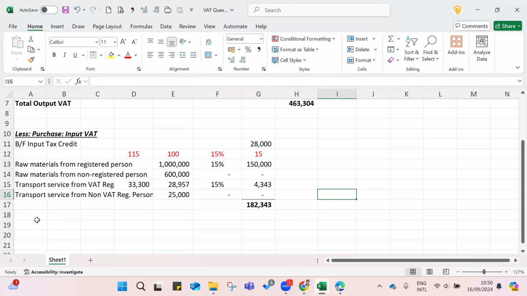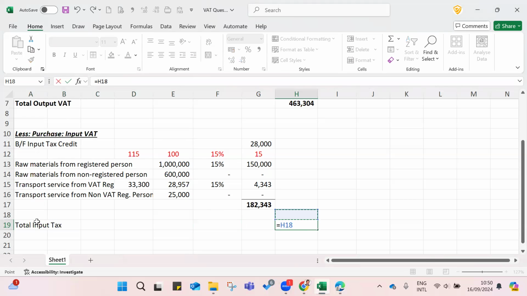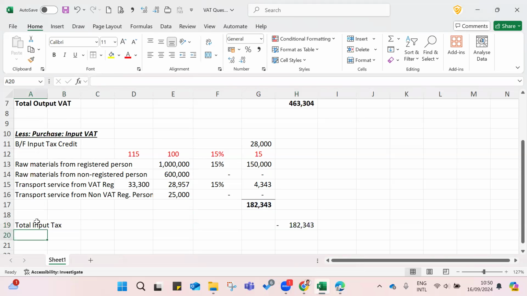Then input tax, total input tax is claimable input tax because you can deduct it from output, right?